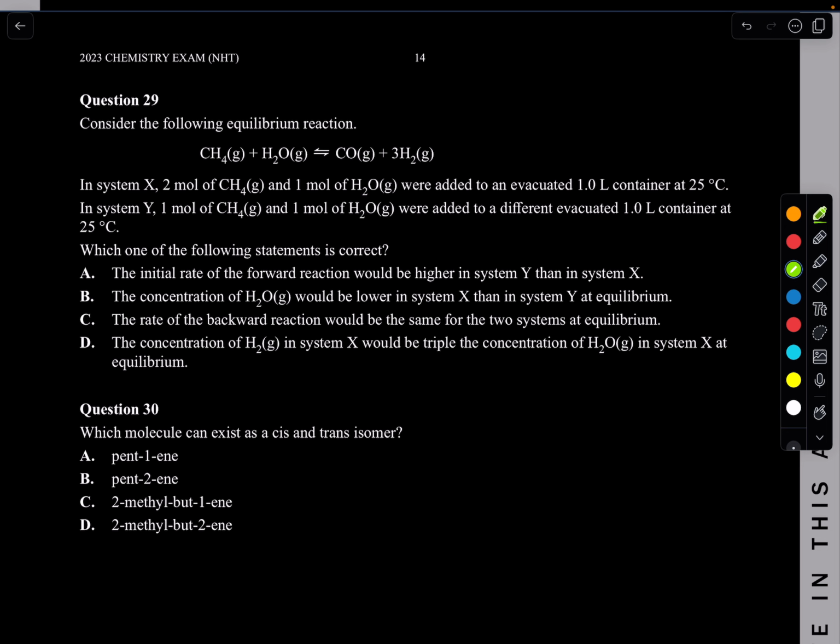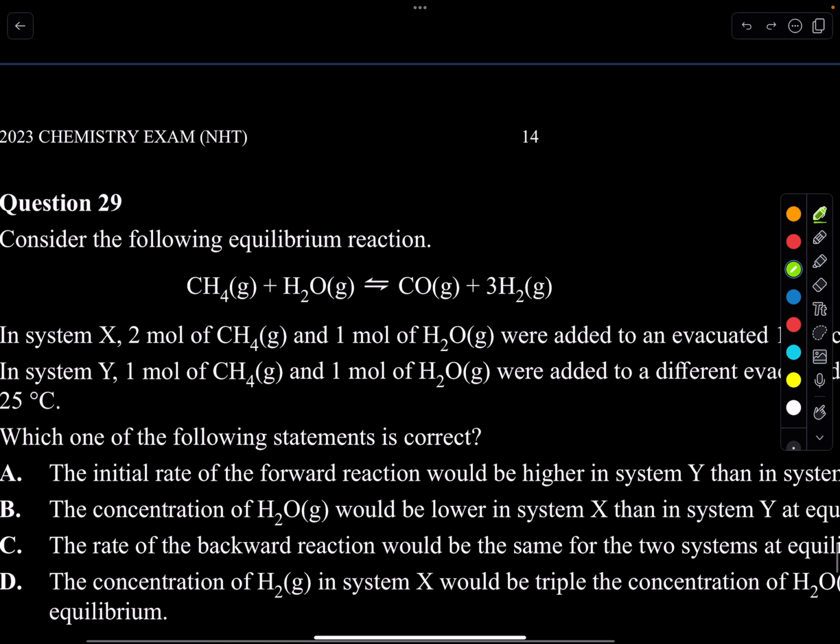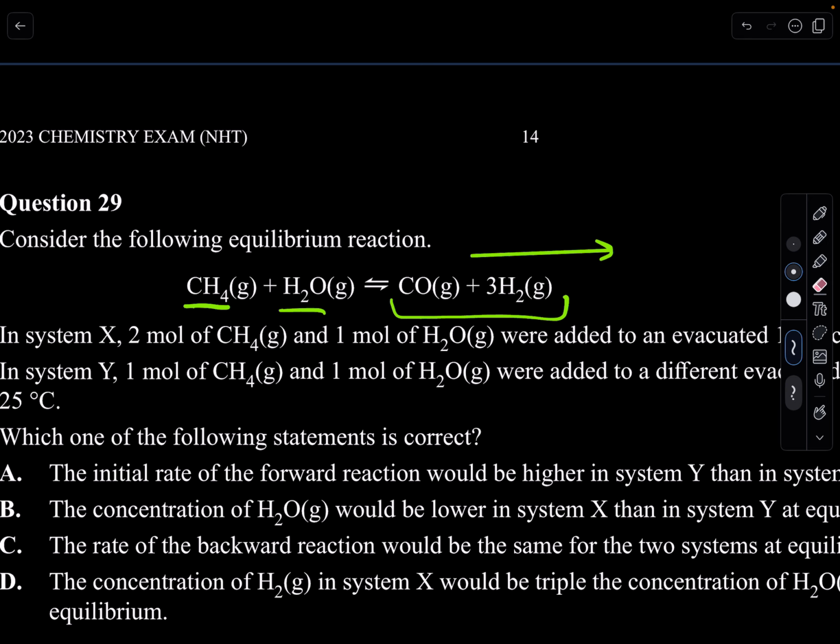Let's think about it. Look at Y first. You're basically putting 1 mole of CH4 and 1 mole of H2O, and of course that's going to go to the forward reaction and form these two here. But in X you have 2 moles of CH4 in comparison to the other one, so you have more molecules that are able to hit each other.